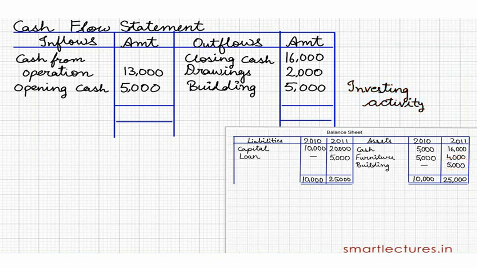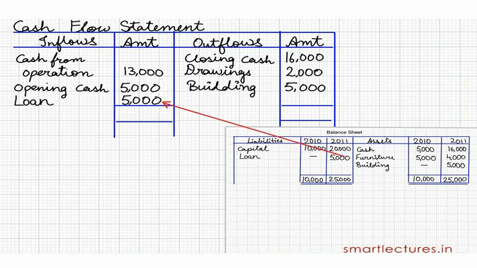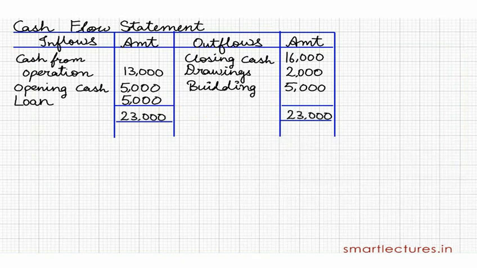Now if you look at the liability side, the loan previous year was only rupees 0, now it is 5,000. What it means? This firm has taken a loan. It means the firm has received cash. So on the inflow side, loan taken 5,000. So on both sides the total will be 23,000 rupees.